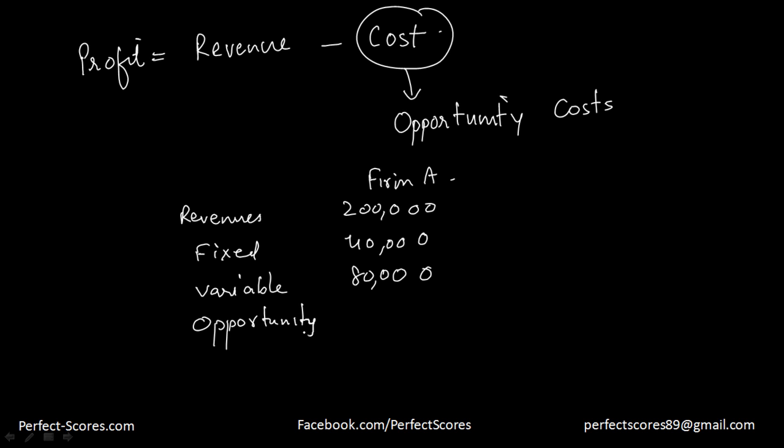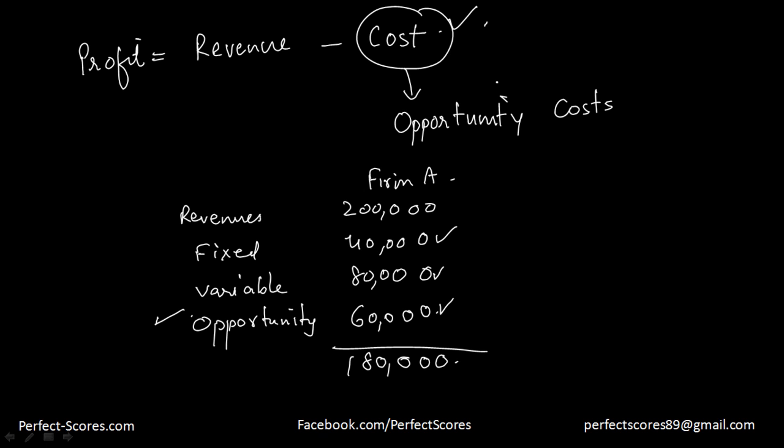Opportunity cost means that if the firm owner is not operating this firm, instead he's going for the next best alternative, and that next best alternative is giving him $60,000, right? So the total cost is going to become this plus this plus this, which is equal to $180,000.